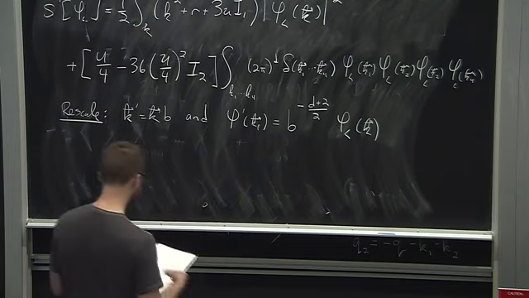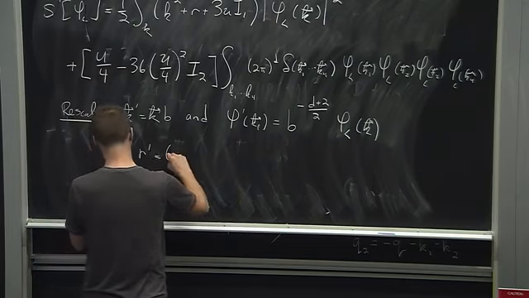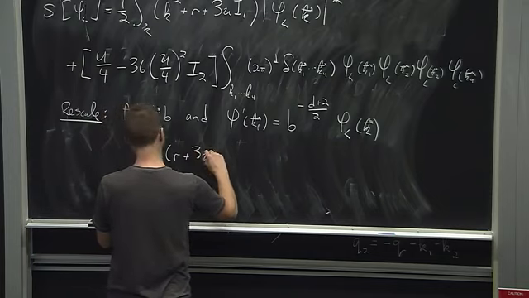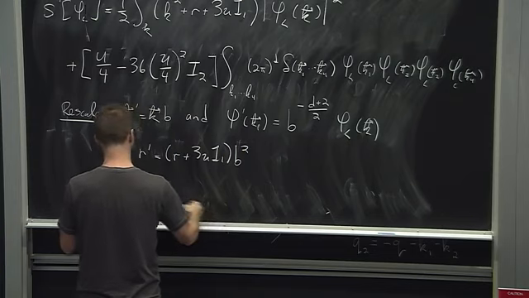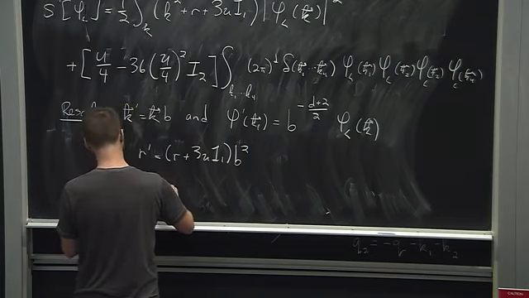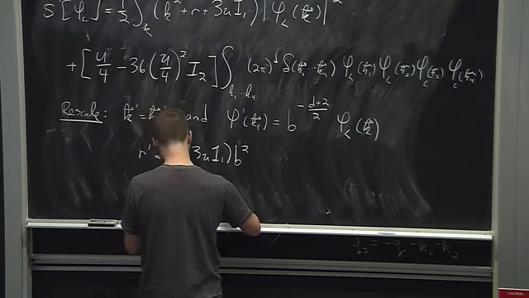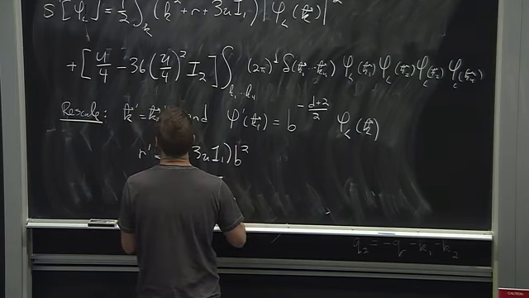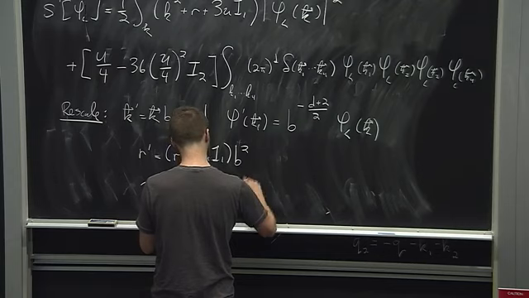Okay, so from this, you get this equation and this. 36 over, yeah, I got to pull U, okay, yeah, U squared I2.